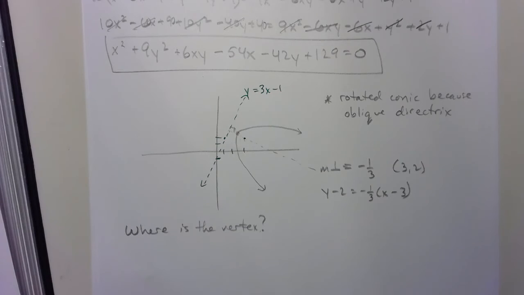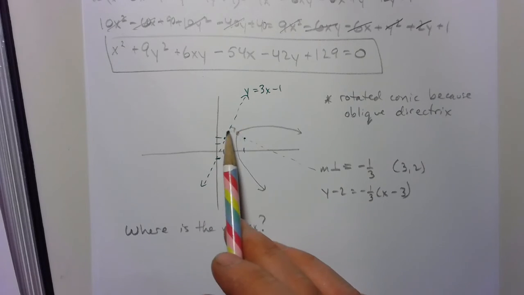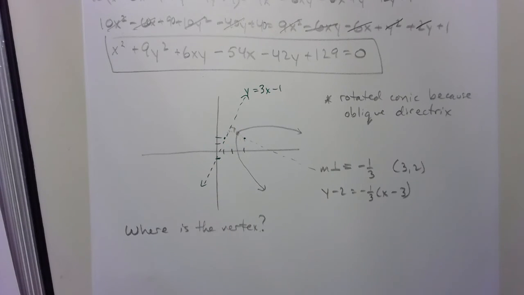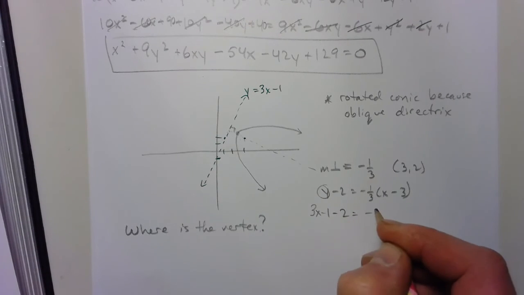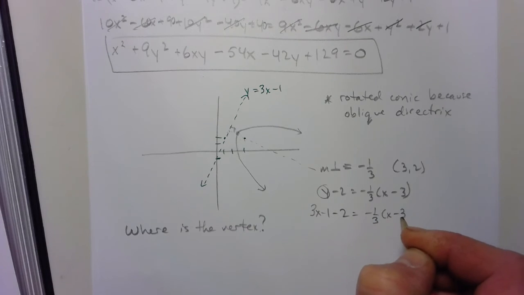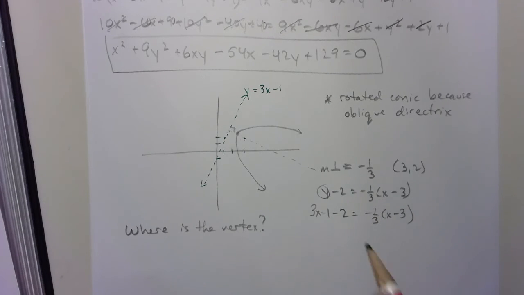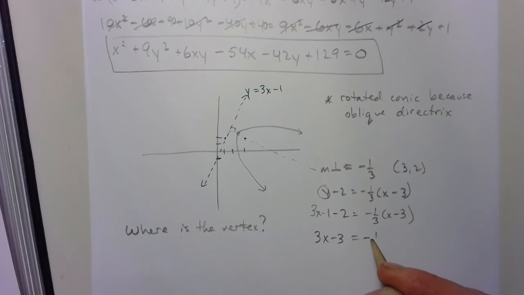Okay, and if we can then find the intersection of these two lines, and to find that intersection, we're going Algebra 2 style here. We have these two, and I'm just going to use substitution and plug it in. So I'll plug that in with the 3x - 1. I'll just distribute because that's not going to be too bad.